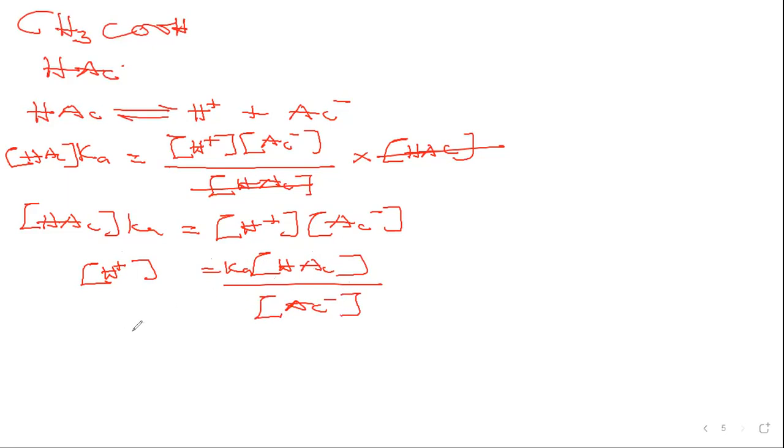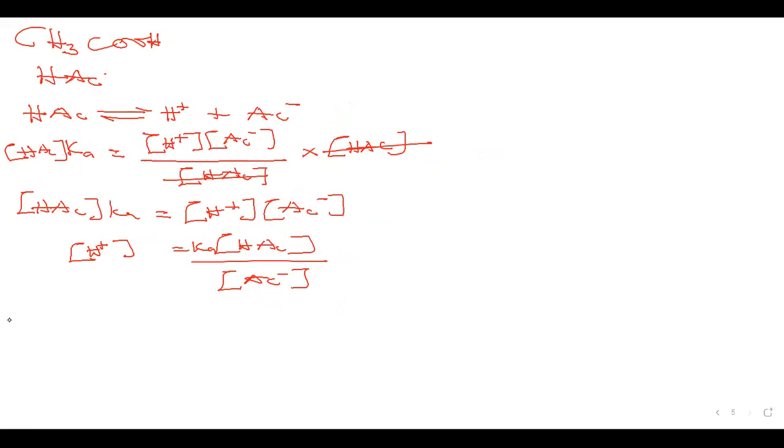But once I want to find pH, what do I do? I take the negative logarithm of both sides. So I'll take negative log of H plus, and now I'll take negative log of this side too.